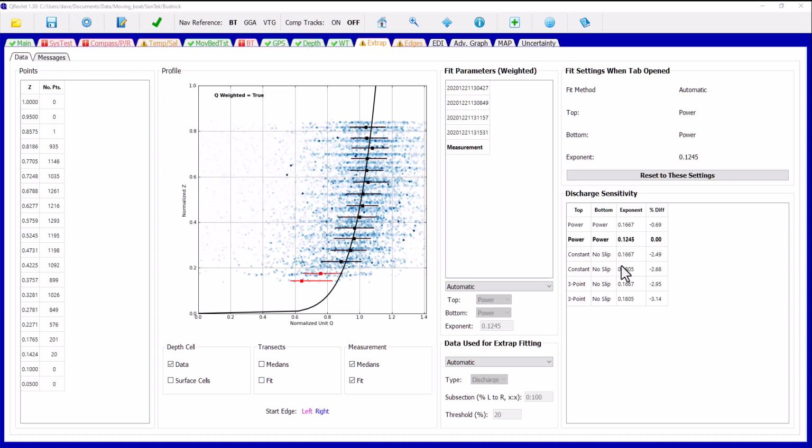Now let's look at the options available and how you might use them to evaluate the extrapolation fit. By default, the data points for all transects in the measurement are plotted in the graph, along with the associated medians and fit. The points plotted can be changed to an individual transect by clicking the transect name in the fit parameters table.